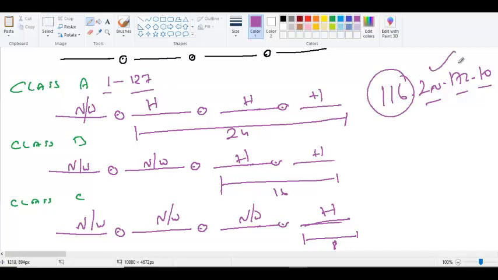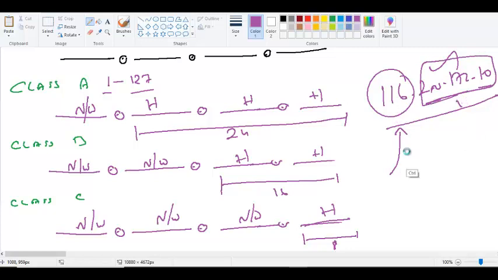If this is a Class A address, how do you read this? It is 116th network, 200.172.10th host. That's how we read this. This is the host portion, this is the network portion. Class A address.